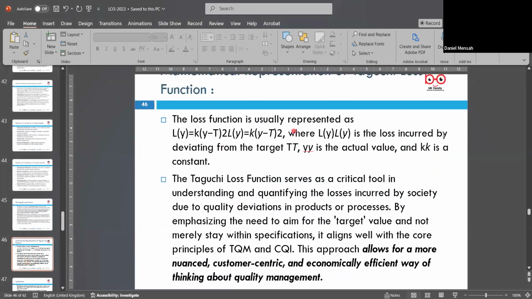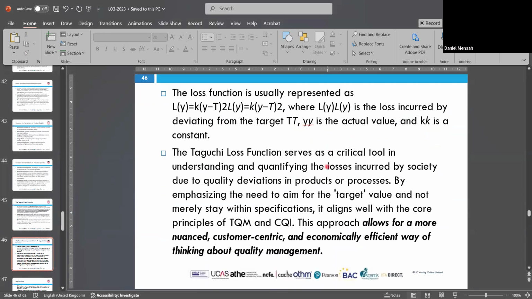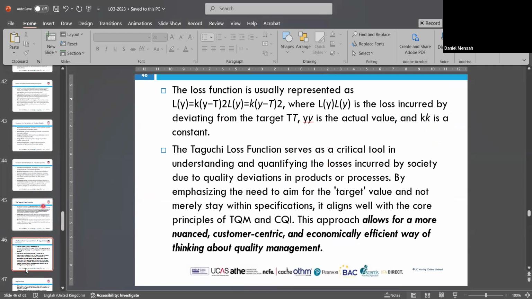So there is one formula you can use to calculate the actual value, and it can help to calculate the loss from the variation.